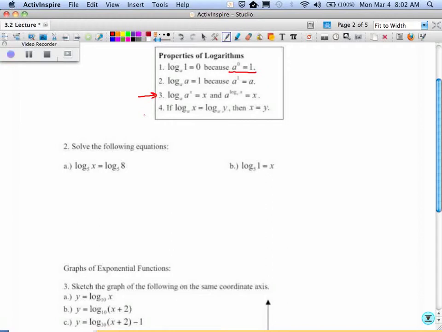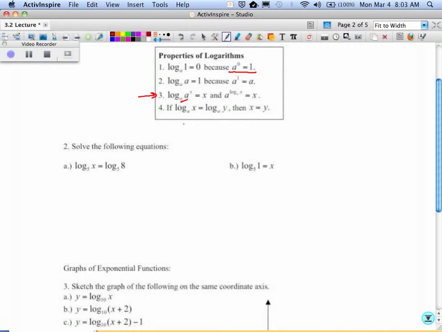That literally right there is the inverse property. If you are using a logarithm base 5, and then you're taking that logarithm of the exponential, also base 5, so in other words right here, your bases are the same, they undo each other. So the only thing left is that number x, whatever it is.